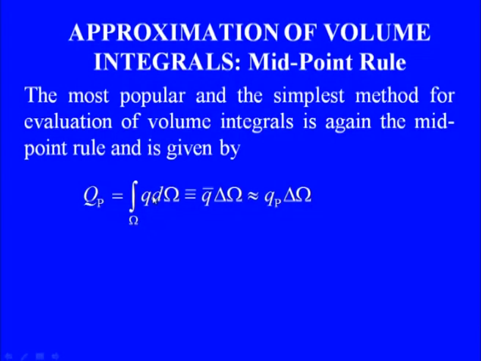So, if we denote by capital QP the integral of q d omega, this is approximately equal to q bar delta omega, where q bar is an average value over the cell, and it can be approximated as the value of q at the centroid of the cell multiplied by the volume of the cell.